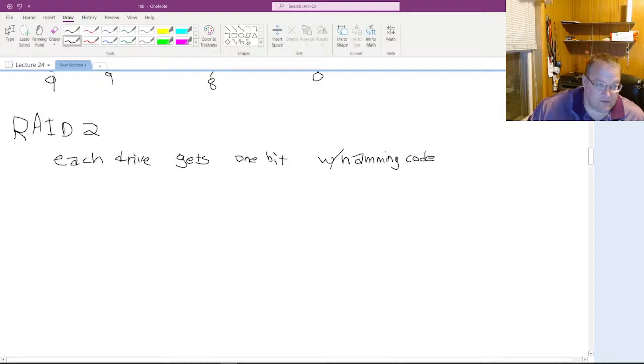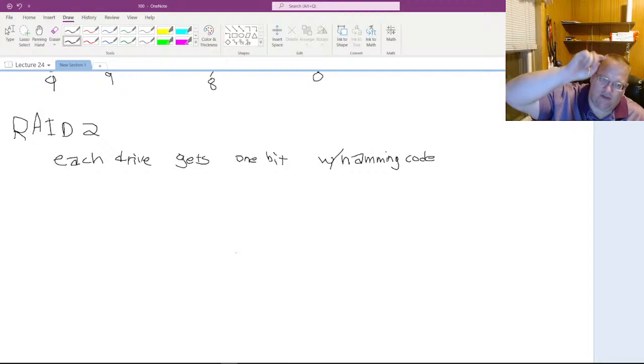This one can, right? The problem with this one is to do 1 byte, it takes 11 drives.